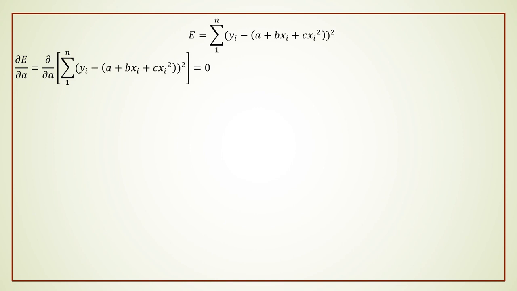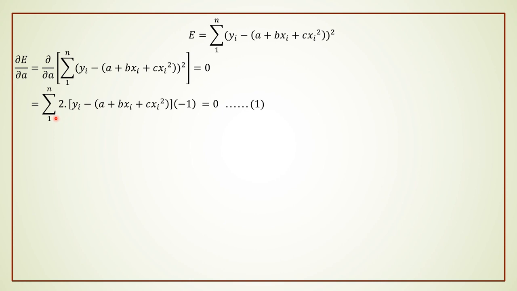So let me just do the partial derivative of E with respect to a, that is equal to ∂/∂a of the summation of (yi − (a + bxi + cxi²))². So the partial derivative of the summation is nothing but the sum of the partial derivatives of the terms inside the bracket.